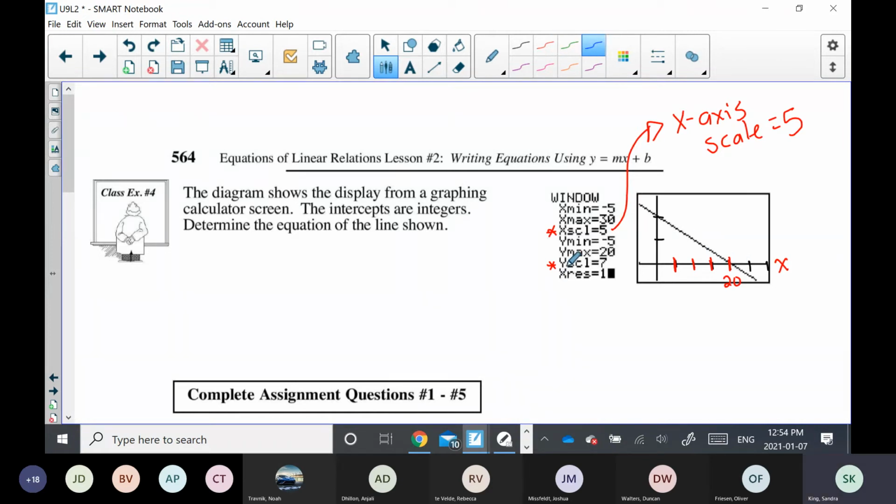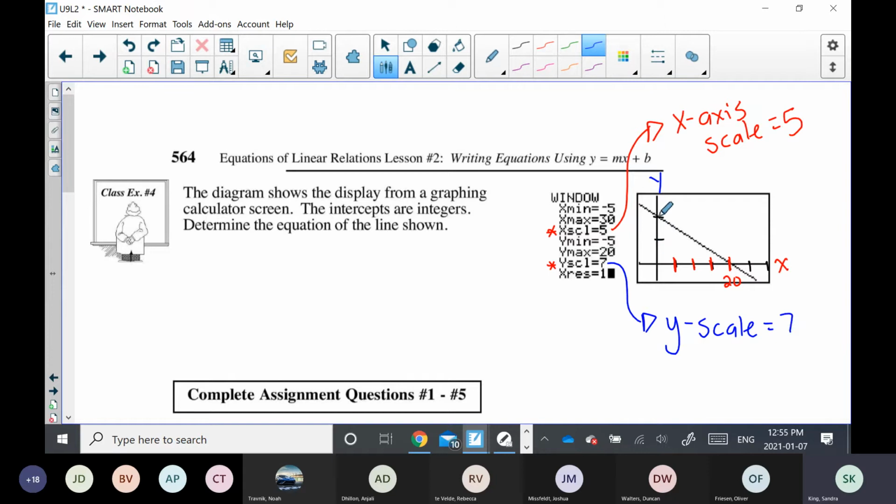Then let's look down here at the y scale. Here's my y-axis, and this is telling you what they want the scale to be. So y scale is equal to 7. What that means is each hatch mark on the y-axis is worth 7.